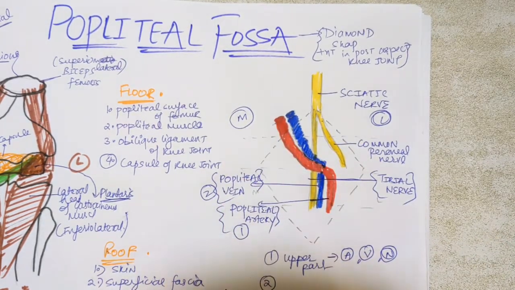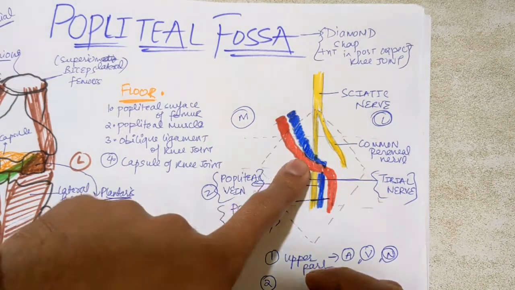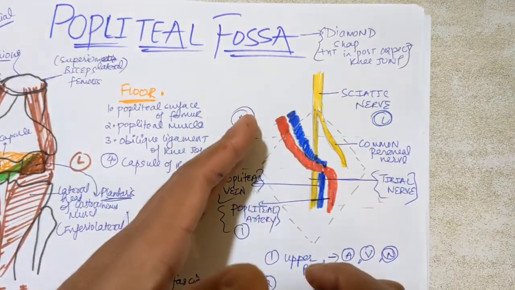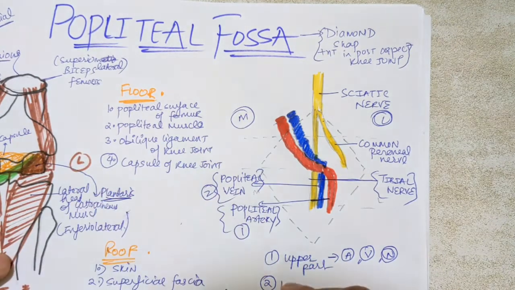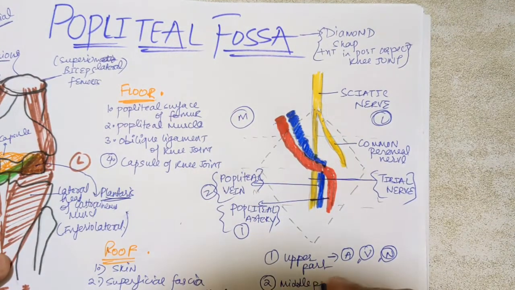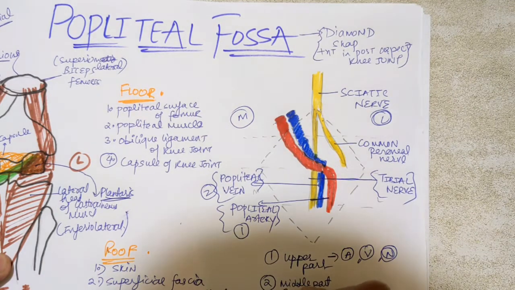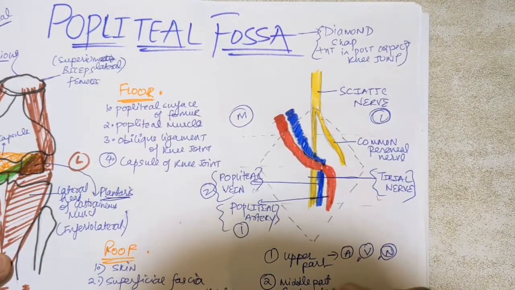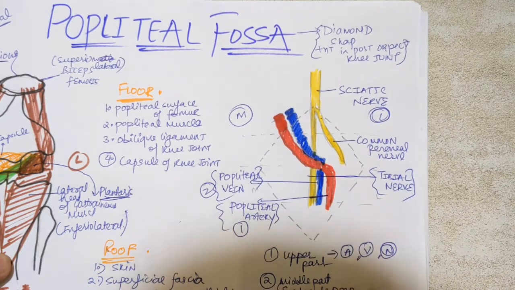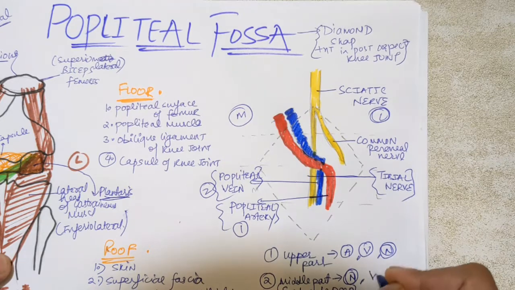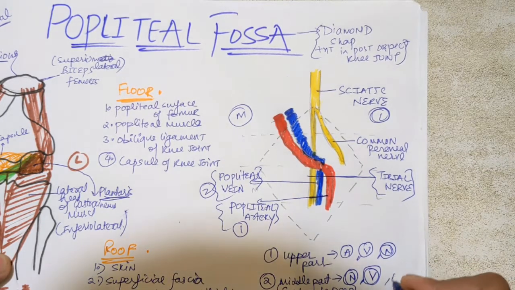Now in the middle part, you will see from the surface to the deepest part. The middle part is described on the basis of which is present deepest and which is present on the surface. So first I will write what is present on the surface. First will be the nerve, then your vein, and then your artery.